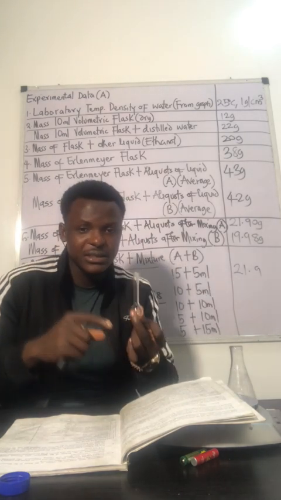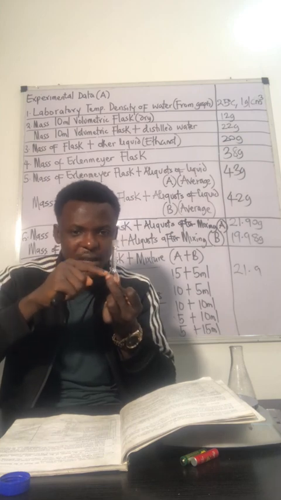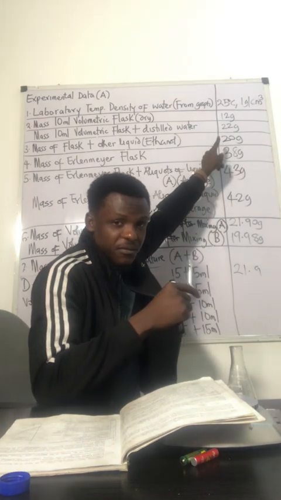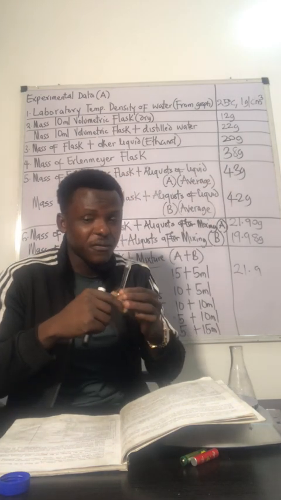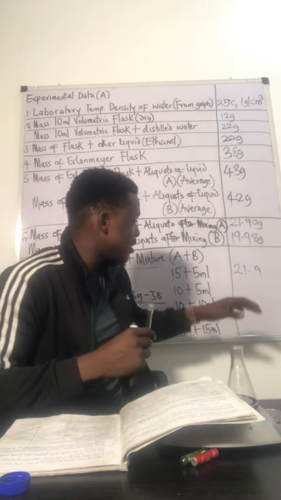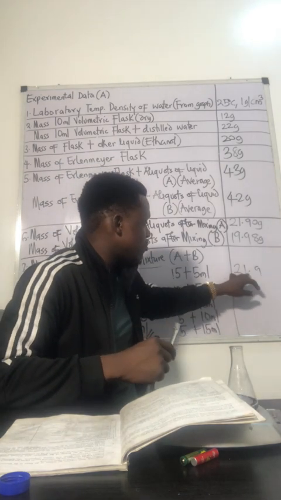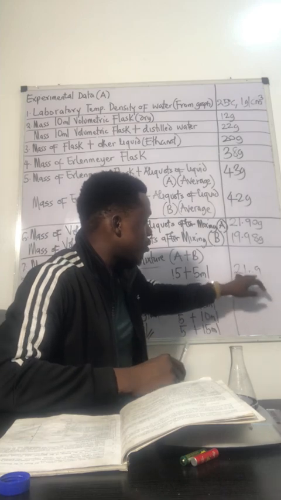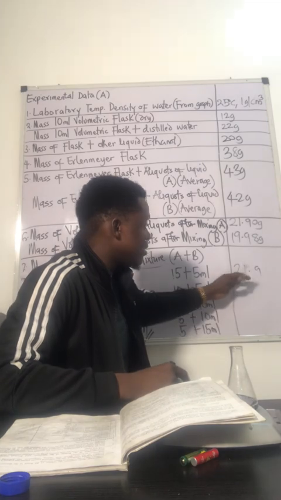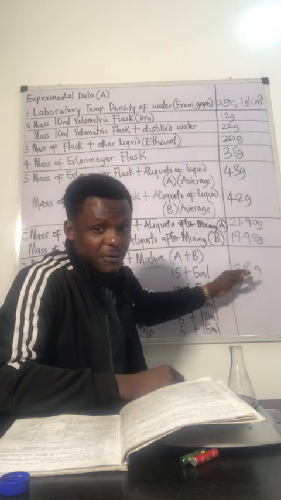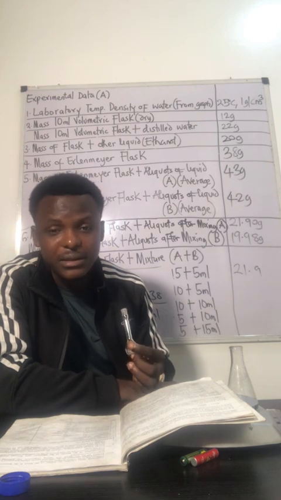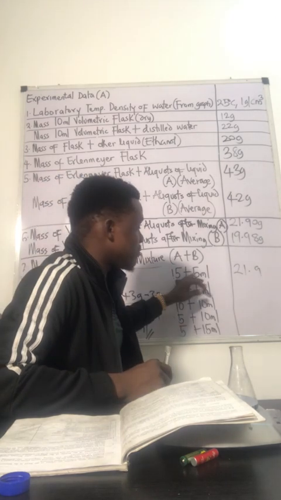So the mass of the mixture inside this flask is 21.9 minus 12. What is the volume of this flask? 10. So the mass of this mixture becomes 11.9, divided by 10. That is 1.19. That is the answer, the density of this first mixture.